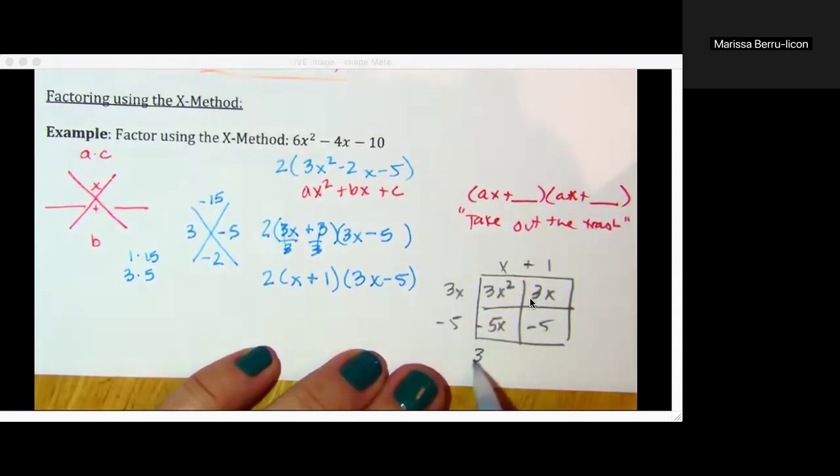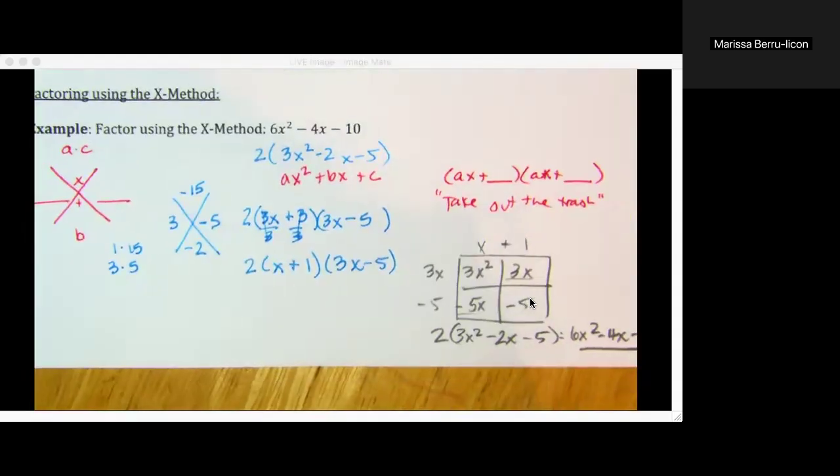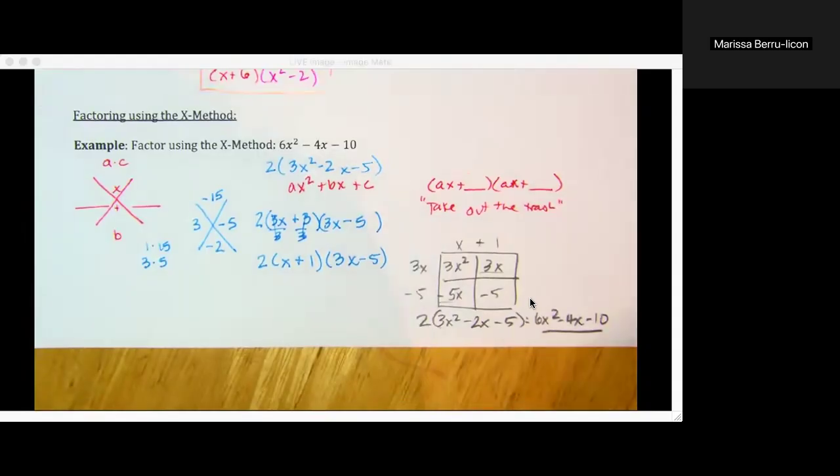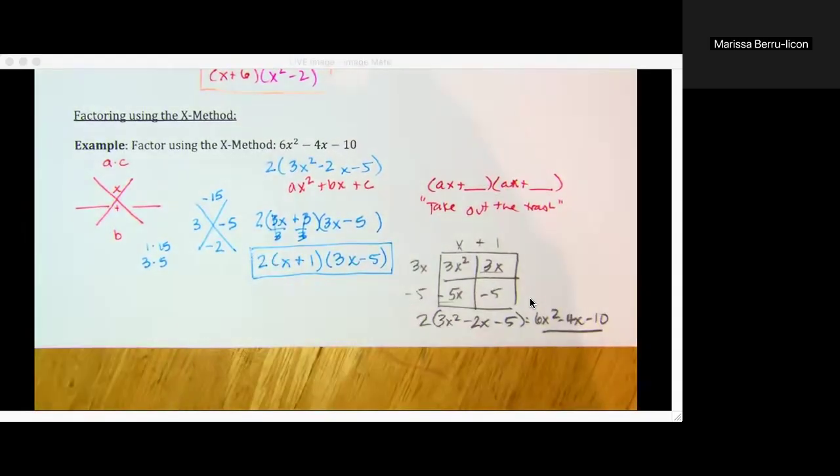I get 3x squared, -5x plus 3x is -2x, minus 5. And then multiplying times my 2, I end up with 6x squared minus 4x minus 10, which is what we started with. So I know that I did, in fact, factor this correctly, and this is my answer.